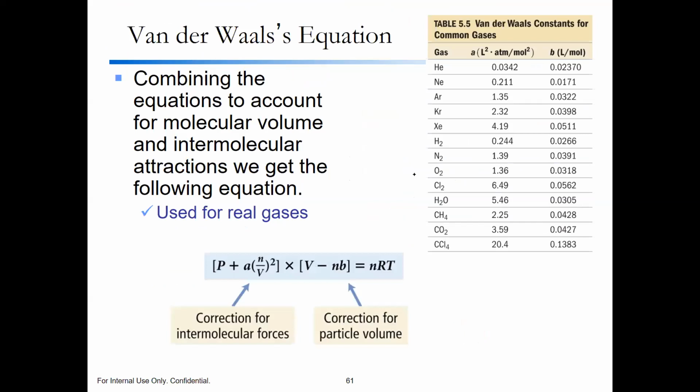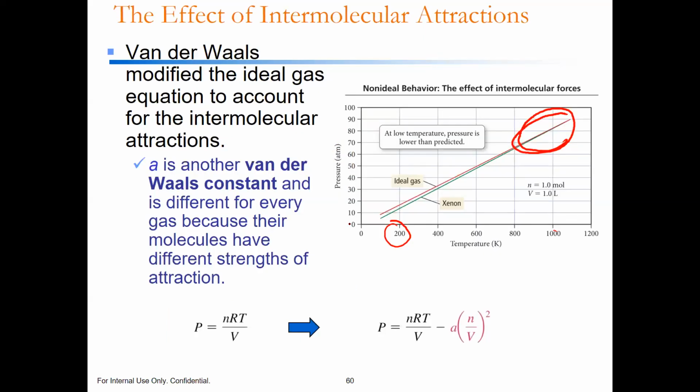Because what happens at low pressure? Look at this, low pressure. This is low pressure and low temperature. What happens when things are low pressure and low temperature? Are the things close together or far apart from each other?